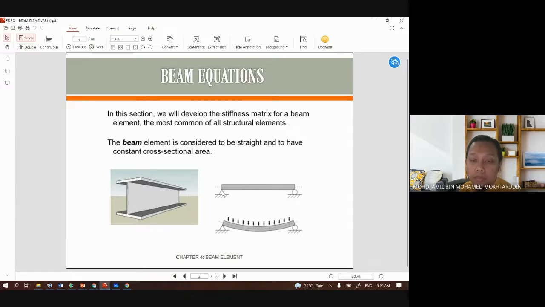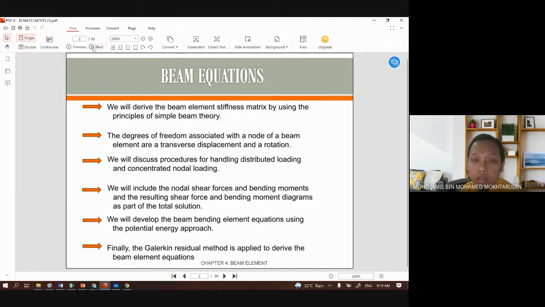Usually we have two supports, one at each end, and we apply a distributed load on the beam, and the beam will deflect, or membengkok. Here we want to determine the deflection in the beam. We will derive the beam element stiffness matrix using the principles of simple beam theory.